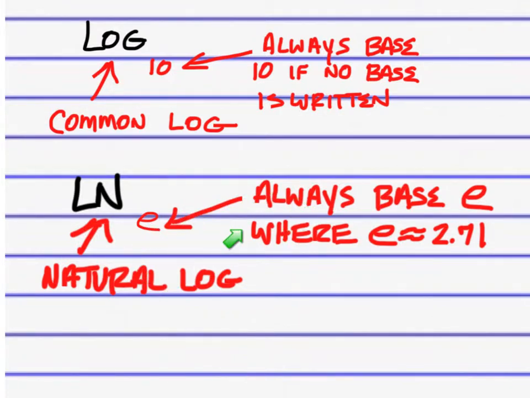If there is no base, it is e. And e is approximately 2.71. This is used in financial calculations, like compound interest and items like that. Common logs, base of 10. Natural logs, a base of e. E is kind of like pi. Pi is 3.14. E is 2.71.